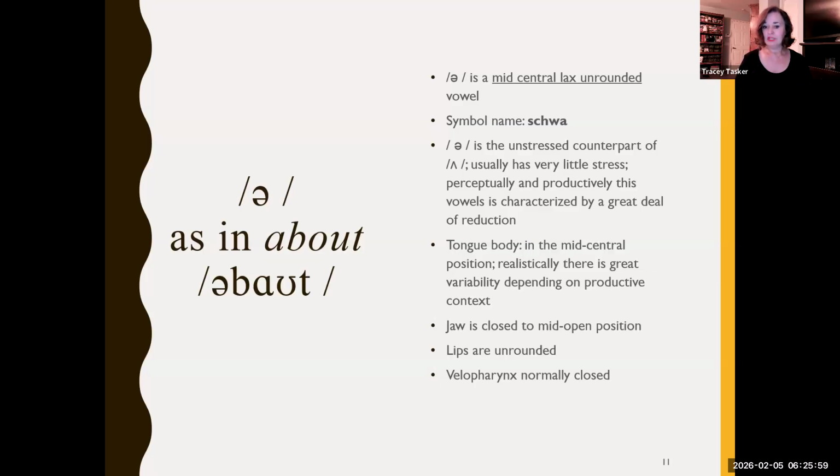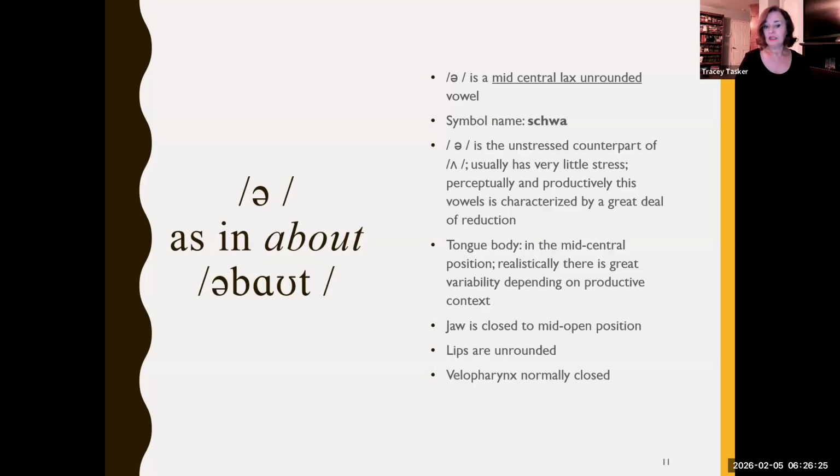The tongue is in mid-central position. Now, again, this could change depending on the context that you're producing the schwa in. Your jaw is in a mid-open position. Your lips are definitely not rounded for this sound. And as we talked about with the other vowels in this central position, your velopharynx is closed.